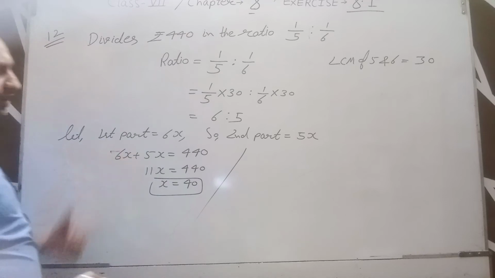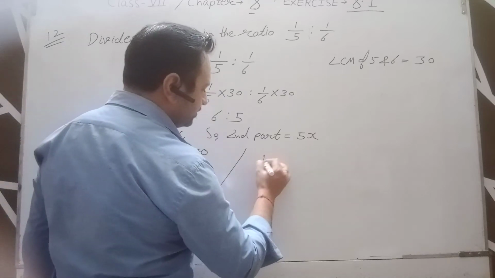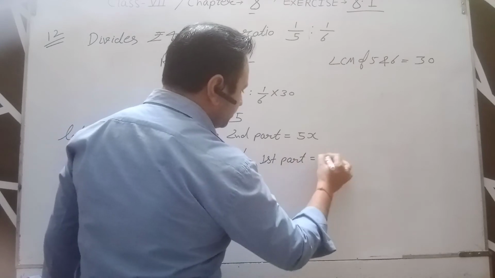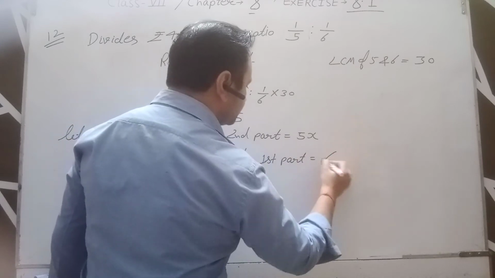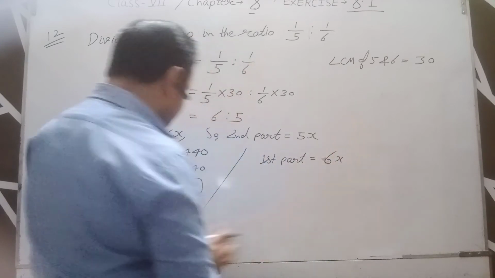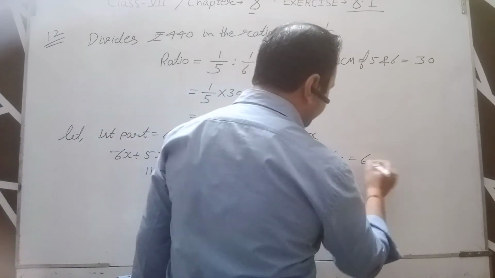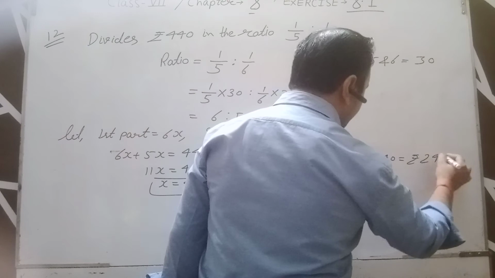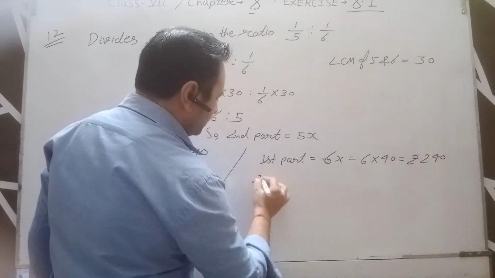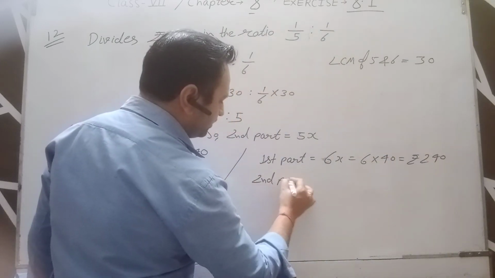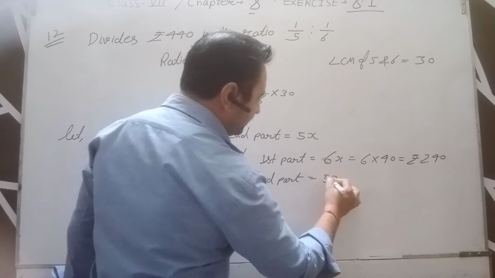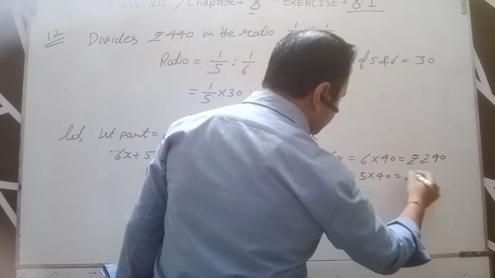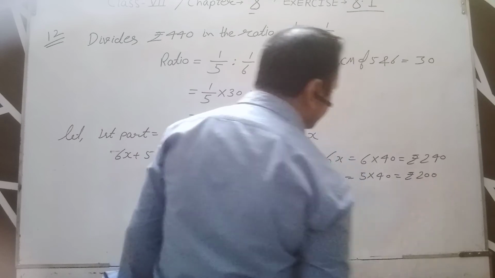So first part, which is 6x, यानी कि 6 multiply 40, it means rupees 240. Now second part is 5x, it means 5 multiply 40, it's rupees 200.